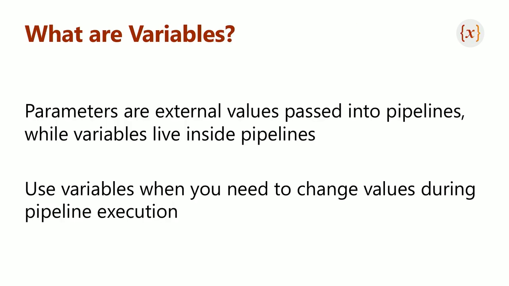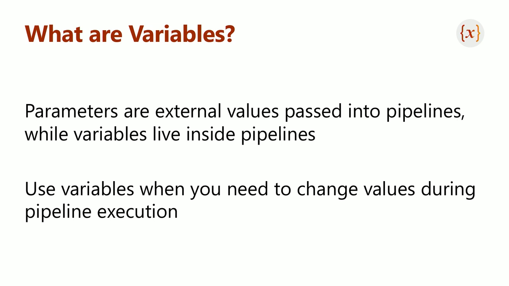And that brings us over to variables in general. So what are variables? With parameters, you're taking an external value and passing that into your pipeline. Variables, on the other hand, live inside of your pipeline. So you can pass an external value in. Once that's passed, you can't change the value of that parameter, but you can assign that value into a variable and then change it throughout the execution of that pipeline.